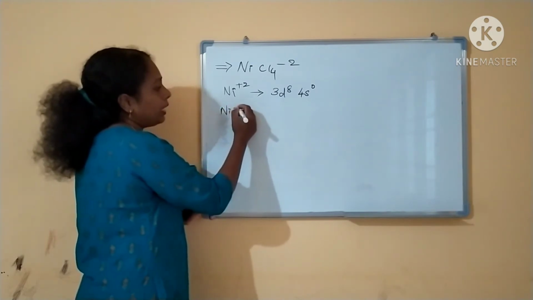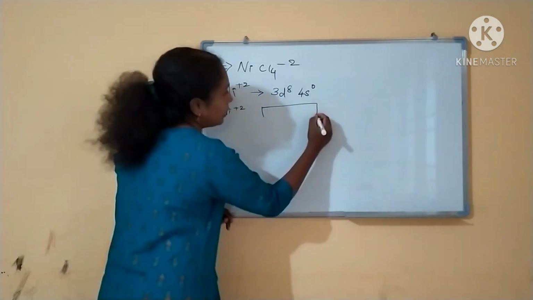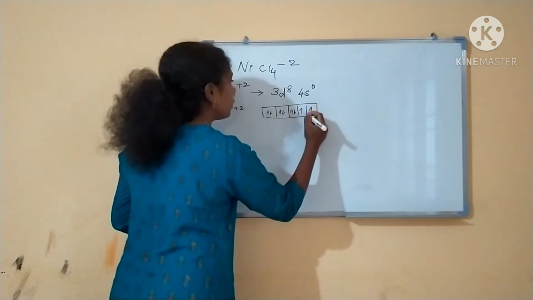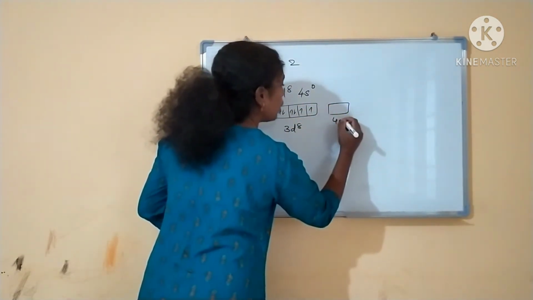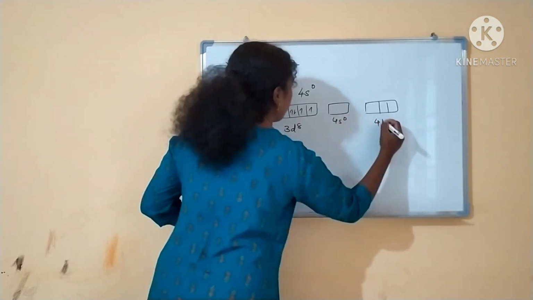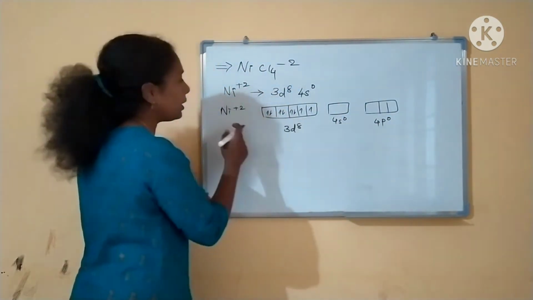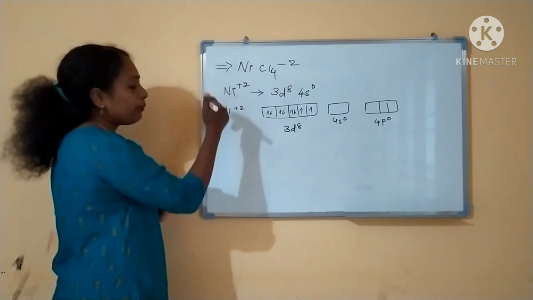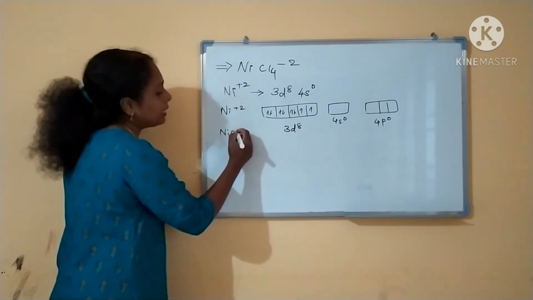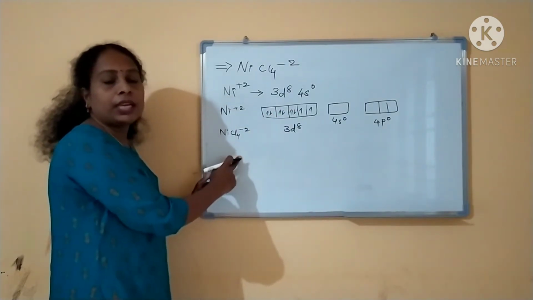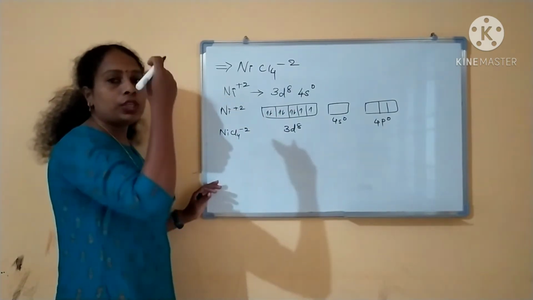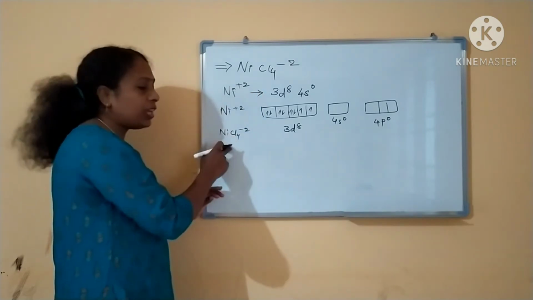I am writing the Ni2+ orbital distribution. So 3d8, 4s0, 4p0. This is the orbital distribution of Ni2+. If you see in the complex [NiCl4]2-, what will happen? Is chlorine a weak field ligand or strong field ligand? Halogen comes last, so it is a weak field ligand.